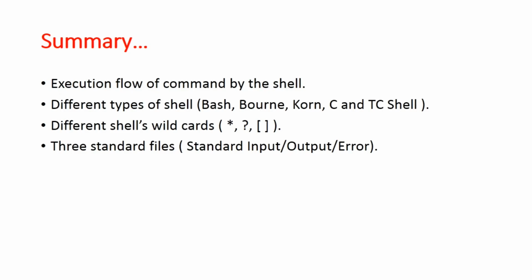You learnt shell wildcards to match patterns, like star for more than one character, question mark for a single character, and character class using square brackets. And finally you learnt three different standard files available: standard input, standard output and standard error. Thank you.